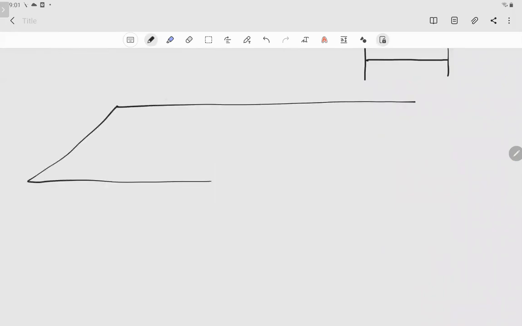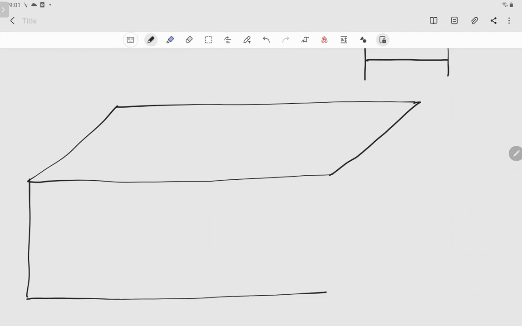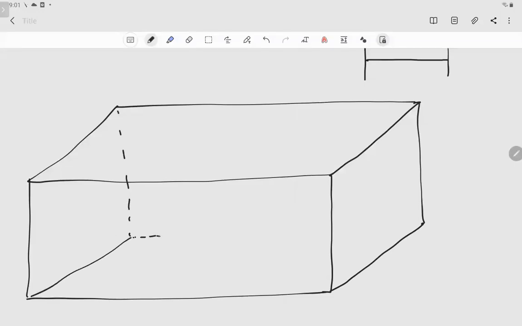Let's say consider this is a room. It's a cubical room like this. ABCD is the floor of this room, and EFGH is the ceiling of this room.